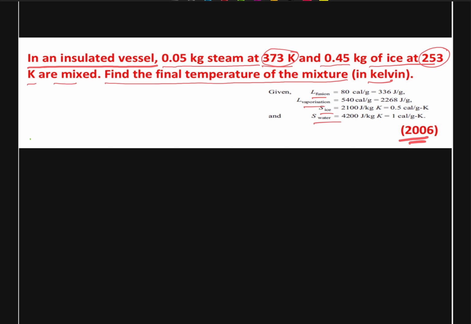So we can say the steps are: heating the ice from 253 to 273 Kelvin.